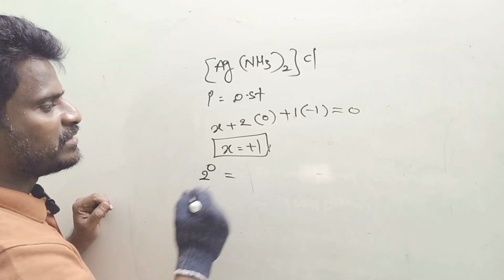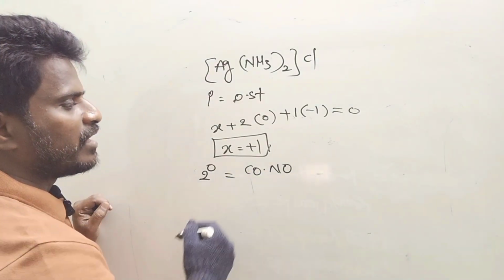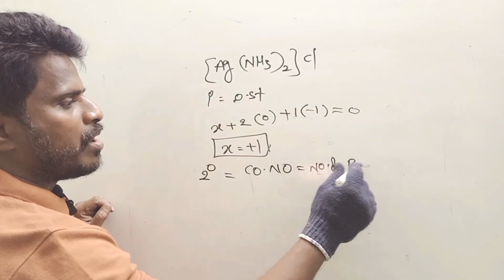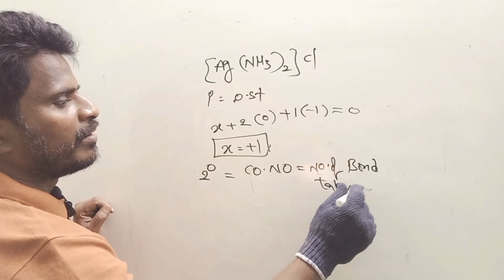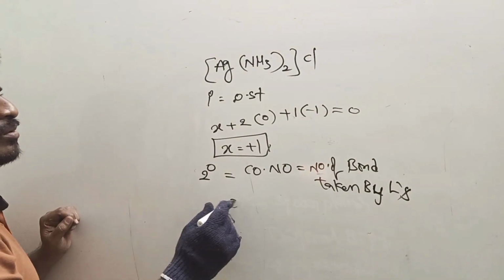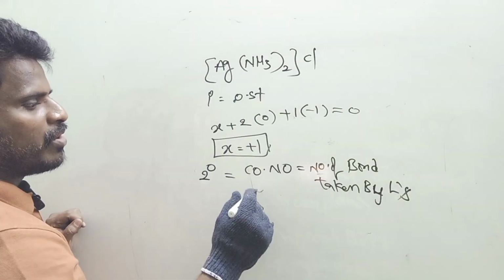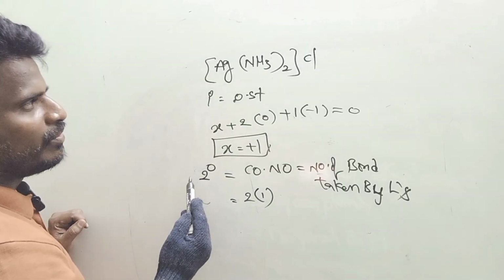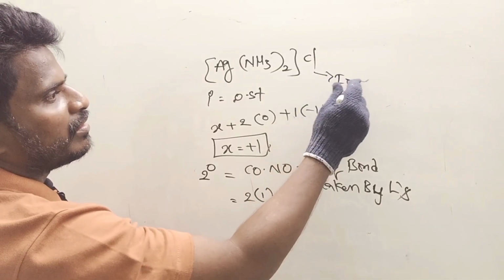And secondary valency is the coordination number, that is the number of bonds taken by ligands. Here 2 ammine ligands are there. Each ammine makes one bond, that's why 1 into 2, and it is a monodentate ligand. This chlorine is in the ionic sphere.